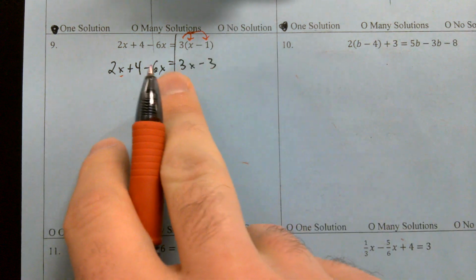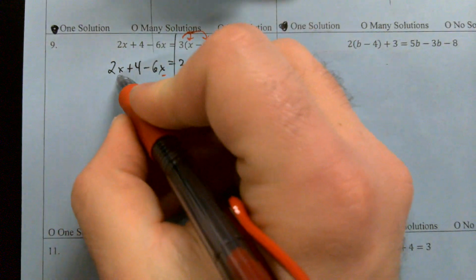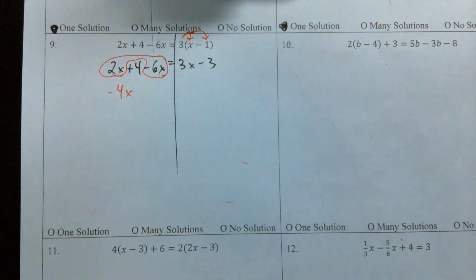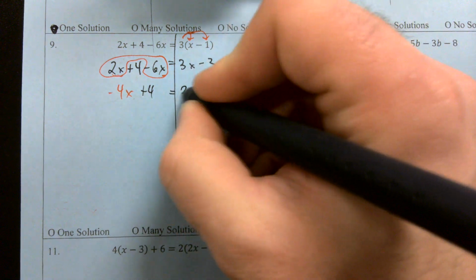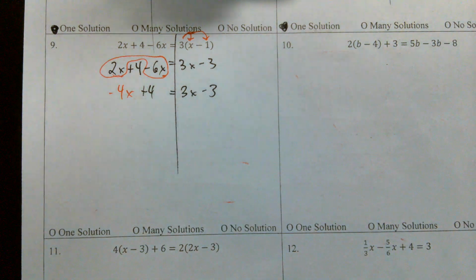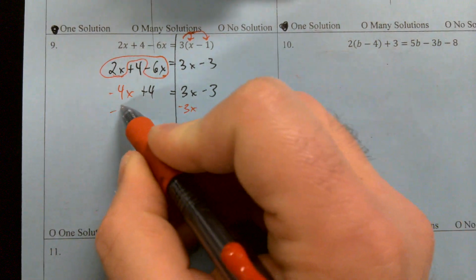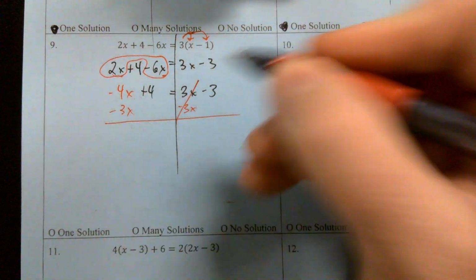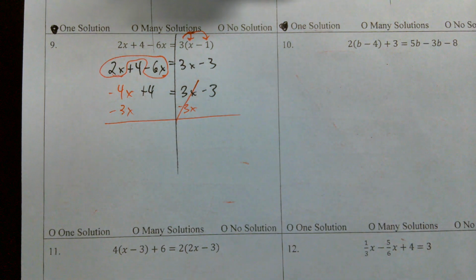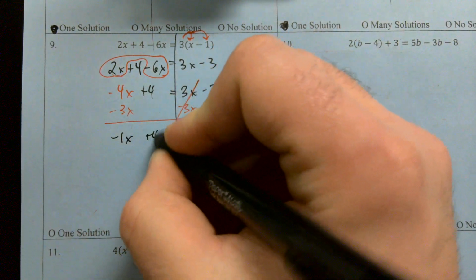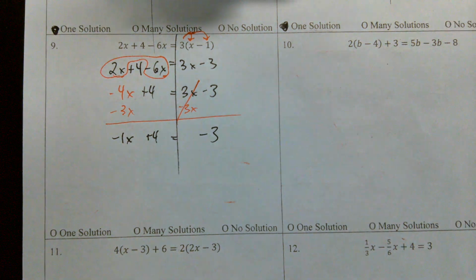I've got 2 x's on the left. Why don't I combine those? 2x minus 6x gives me negative 4x equals 3x minus 3. I'm going to bring my variable term to the left. Get negative 1x plus 4 equals negative 3.